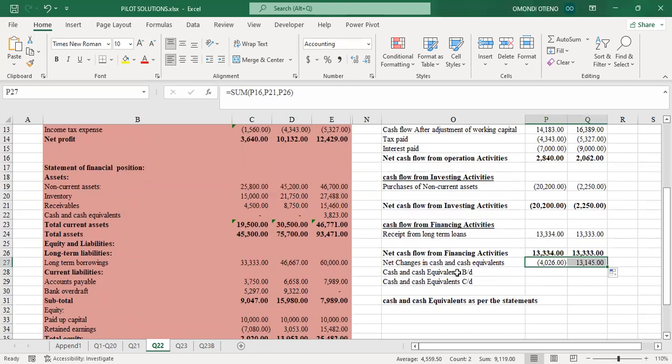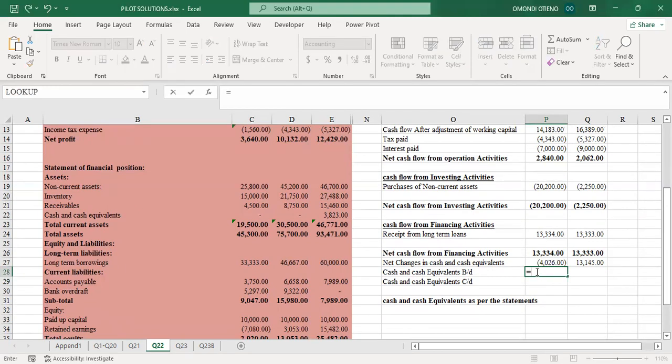So cash and cash equivalents brought down is what we have in the previous year. Do we have that in the previous year? Yes, the opening. So we'll say equal to, do we have under cash and cash equivalents for 2020? It is 0, so we pick that.